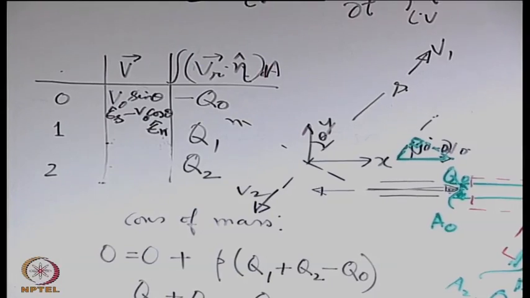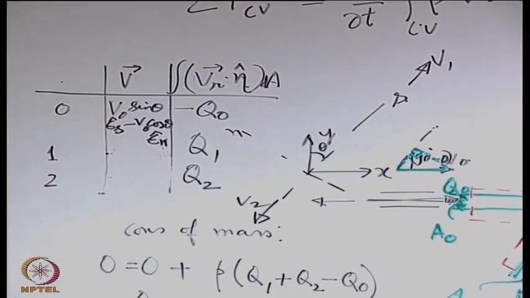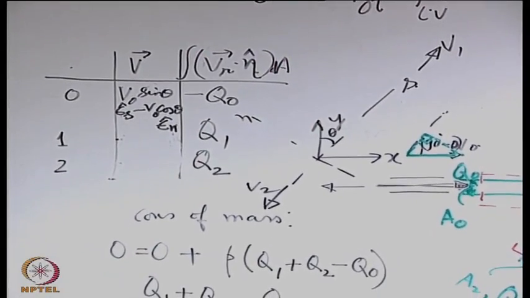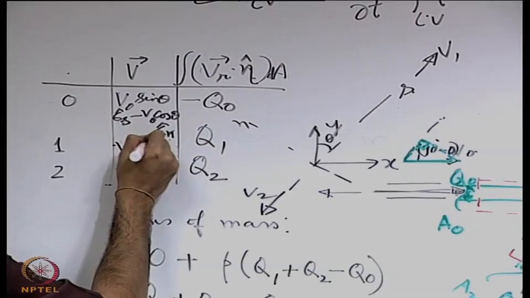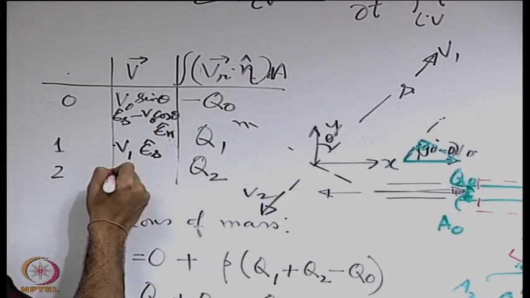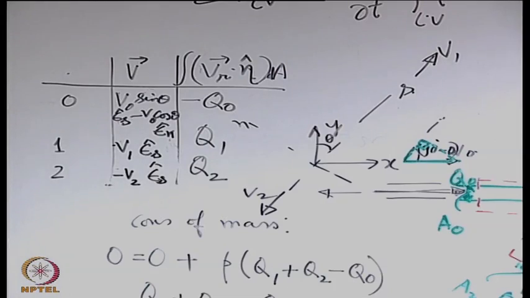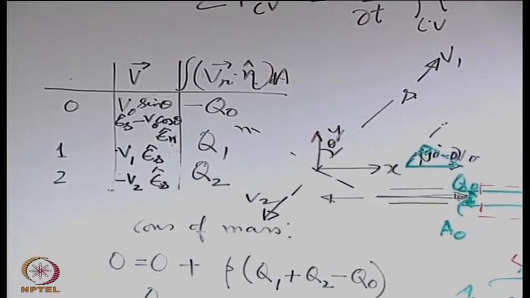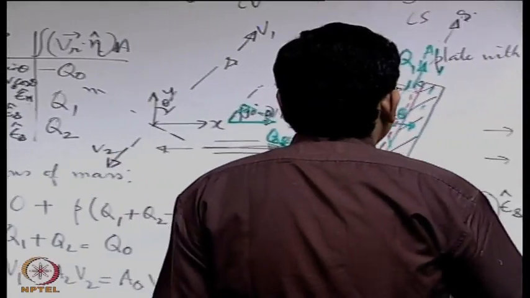This is for the surface 0. For the surface 1, v1 epsilon s, and for the surface 2, minus v2 epsilon s. Okay, let us put that here.